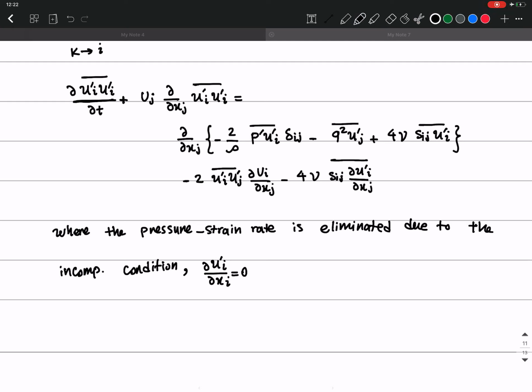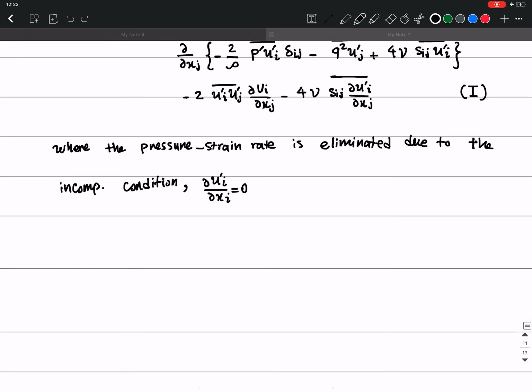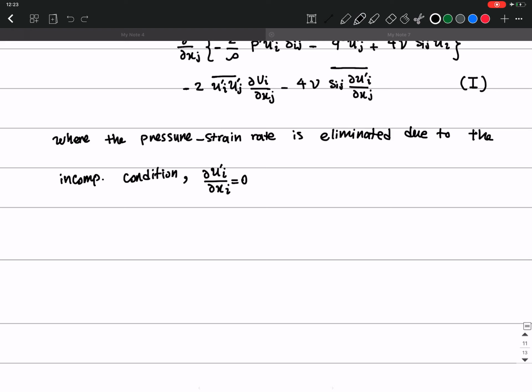Now I want to further simplify this equation. Specifically, I want to further simplify this term, which we call the dissipation term. So let's do that. We can write the velocity deformation tensor.